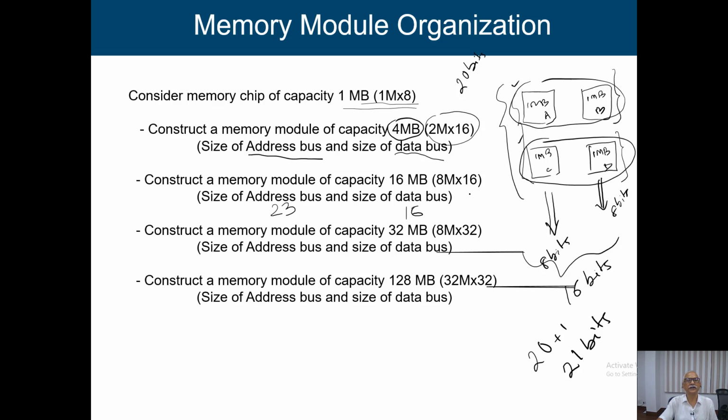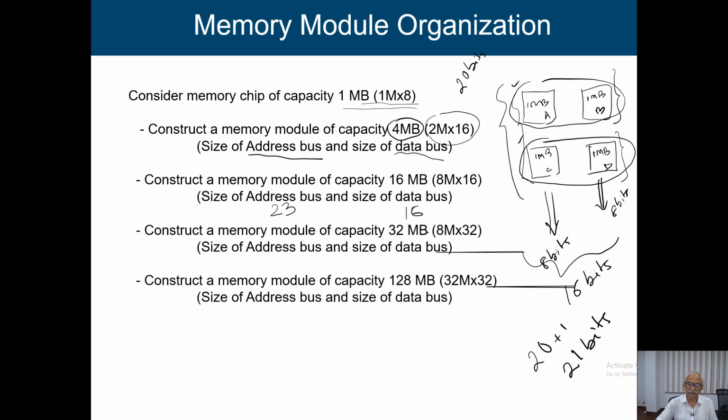It says to construct a memory module of 32 megabyte, where capital B is byte. So what is the organization? It is 8 mega by 32. In the first one we need 4 memory chips of 1 megabyte. In the second case we need 4 into 4, which is 16 different chips of 1 megabyte.